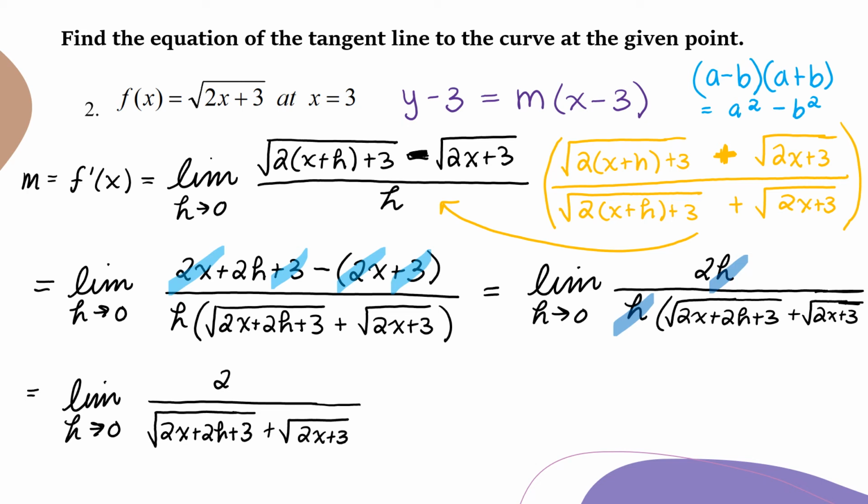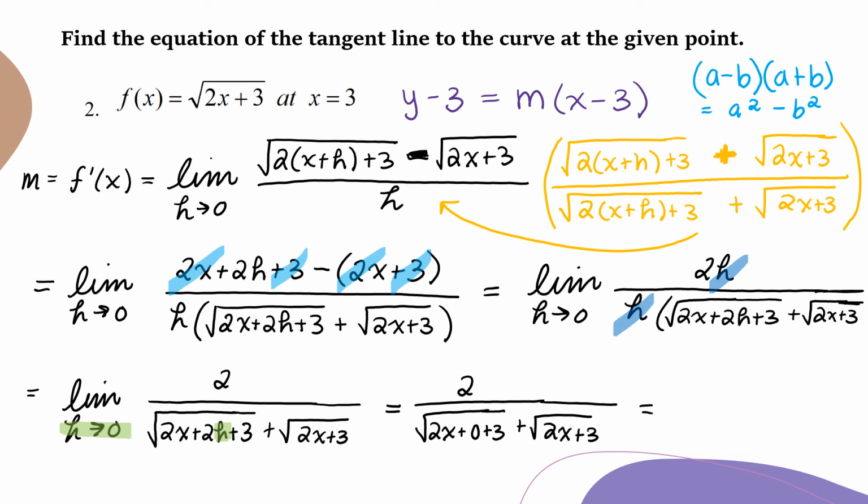And now we shouldn't end up with a 0 over 0 anymore, so we can use direct substitution. So we have 2 over the square root of 2x, because this is as h approaches 0. x is not approaching anything at the moment. So we end up with the square root of 2x plus 0 plus 3 plus the square root of 2x plus 3.